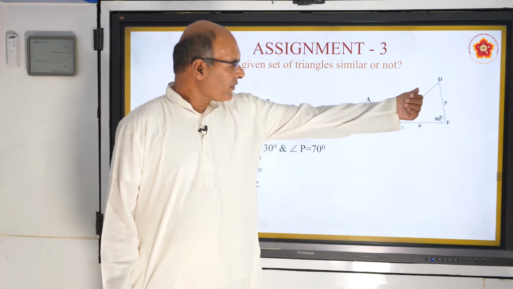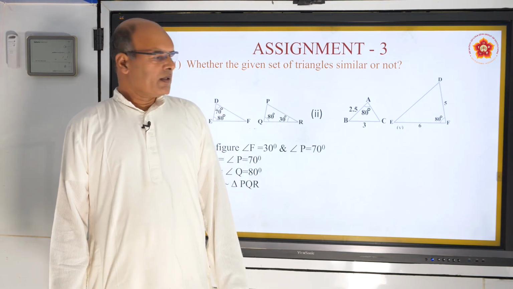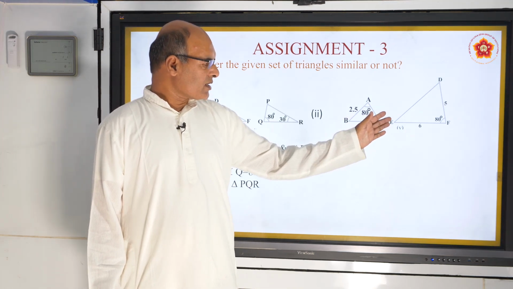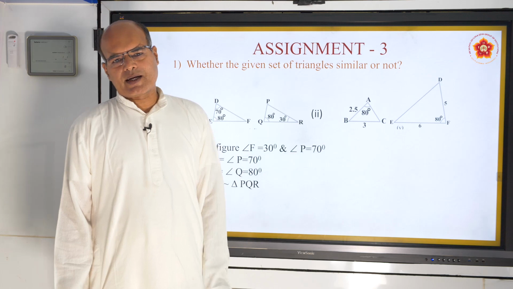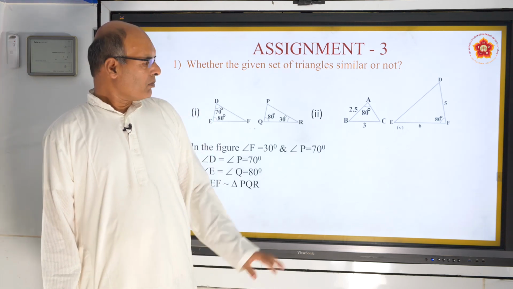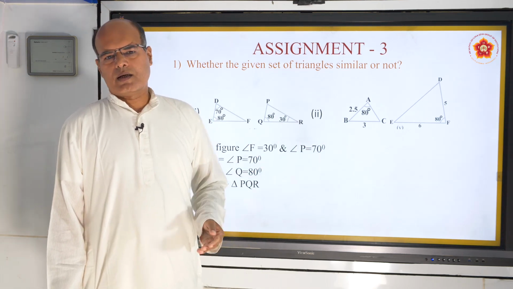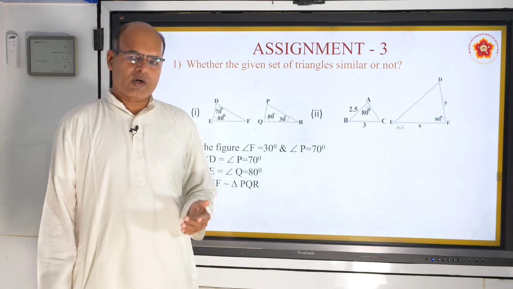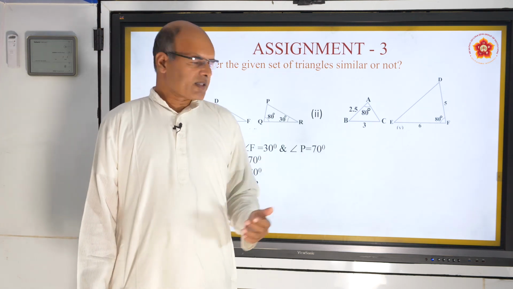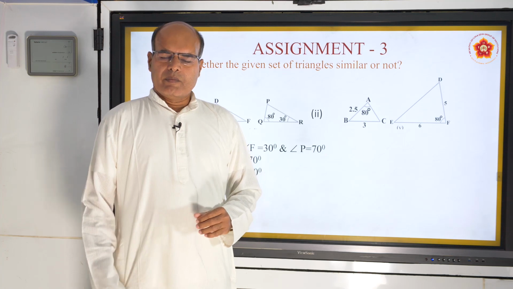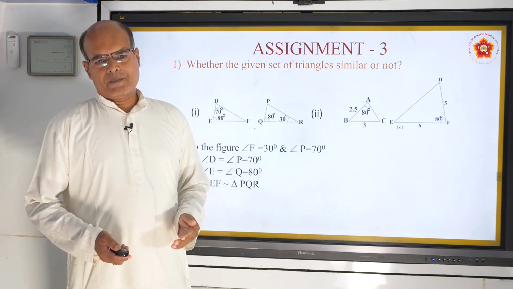We don't know what is the measure of angle D. If these two are isosceles triangles, then we can say that they are similar triangles. But the figures look like they are not isosceles triangles. But sometimes what happens, the figures given in the questions may not be according to the scale.